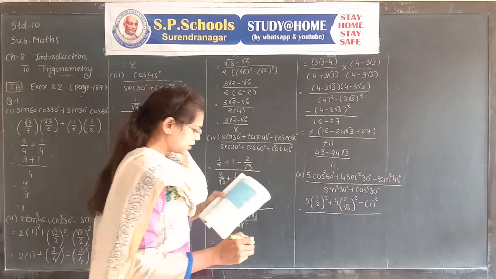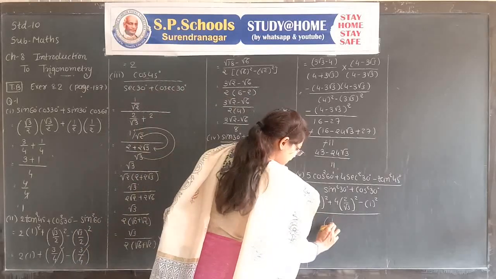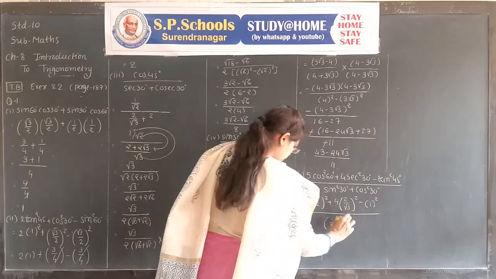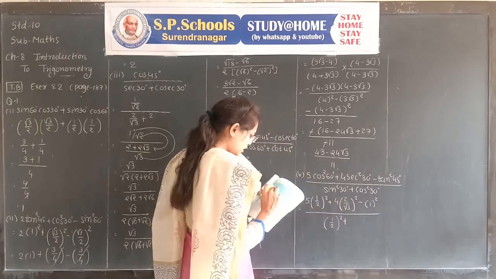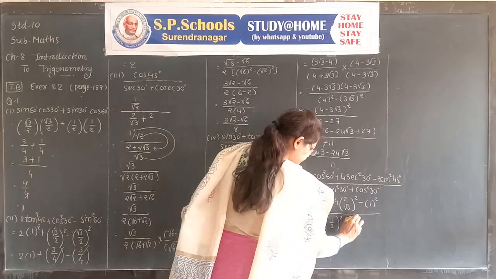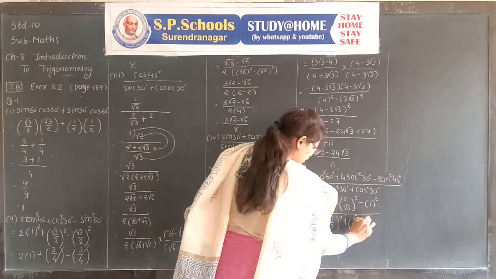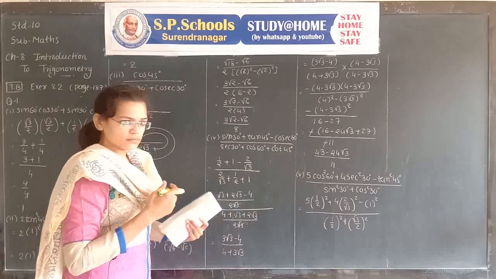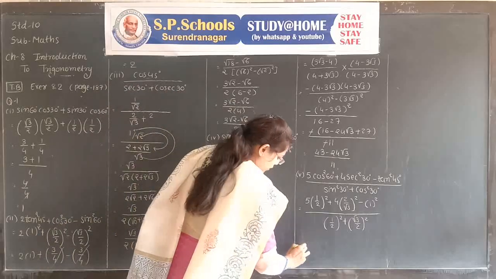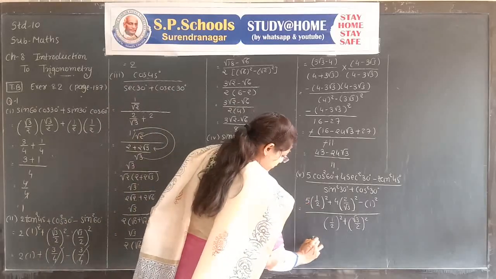The value of sin 30 is 1 upon 2, but sin square is (1 upon 2) square. Cos 30 is root 3 upon 2, but its square is (root 3 upon 2) square. Okay, now simplify it. 5 as it is.